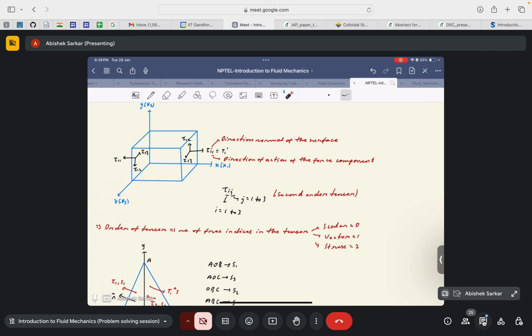In the opposite face you will see that again, the direction normal to this surface would be in the negative x1 direction.